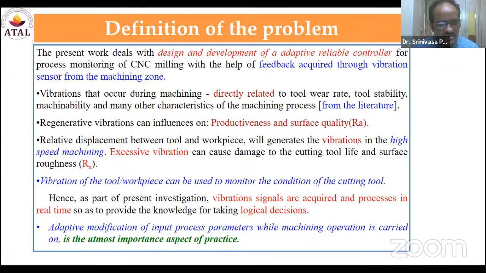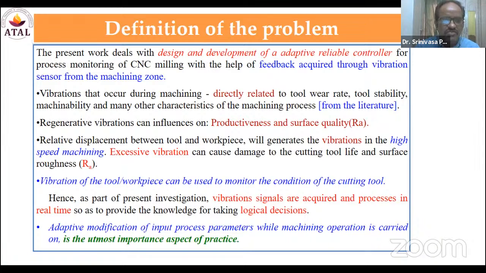How do we decide whether the identified vibration parameter is within the acceptable range? For that purpose, I need to cross-check the collected information with the available international standards for this application. I'm going to mention a particular standard later, that is ISO 10816. If you're interested, please make a note of this.